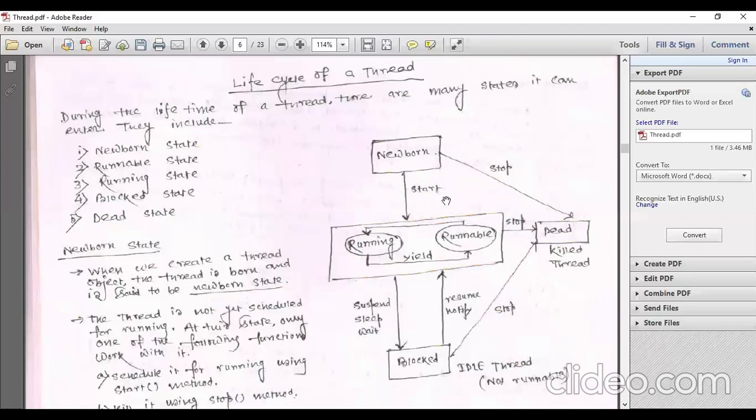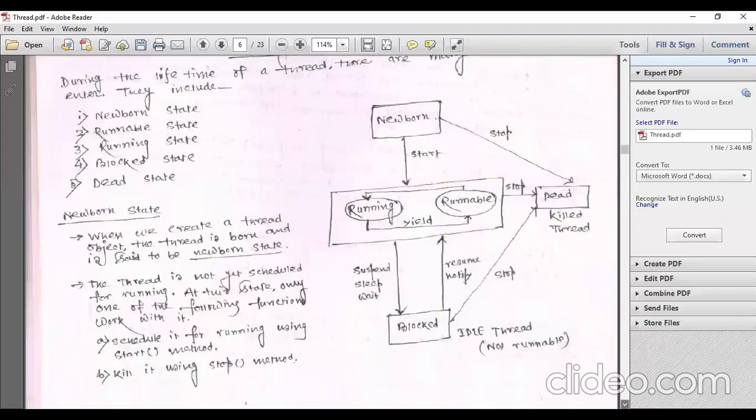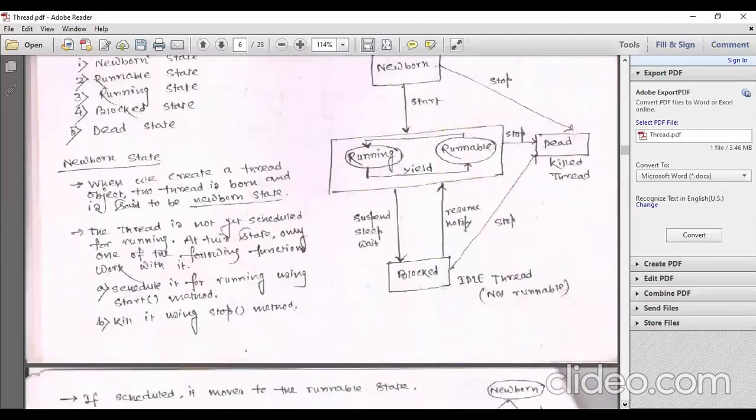When I call the start method, the thread is now scheduled. When it is scheduled, that means the thread is in the runnable state. Try to understand the difference between the running and runnable states.